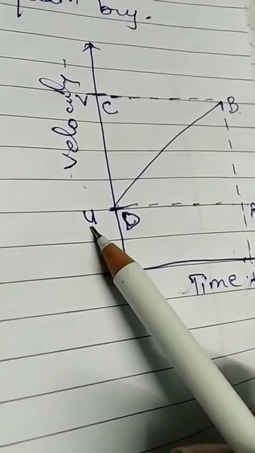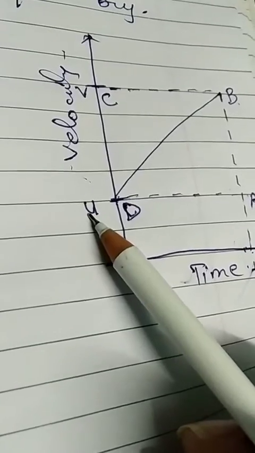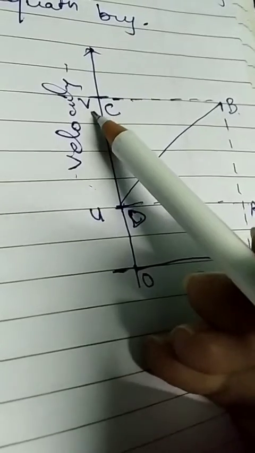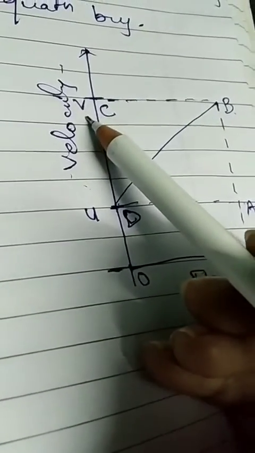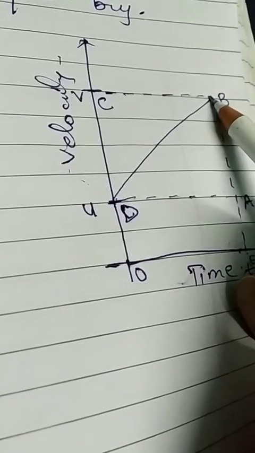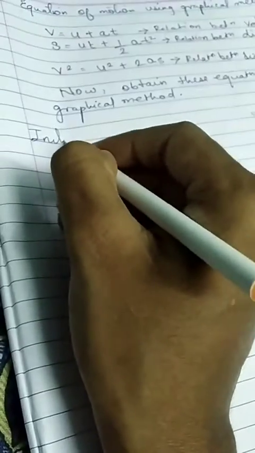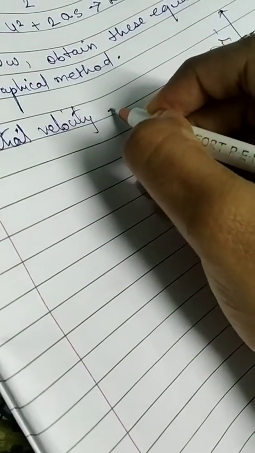Its velocity after time t changes to final velocity v, which is plotted over here at the point B. So we can say that initial velocity u is equal to OD.